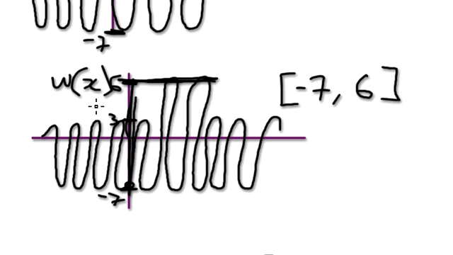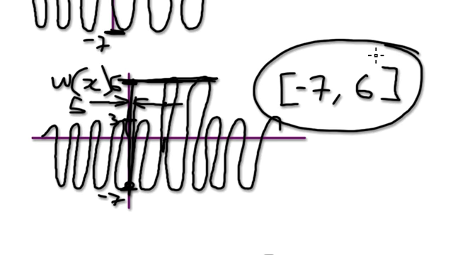So in this case, the range would be minus 7, comma, 6. Because 5 is within the range of this function, since there exists a value here where it will take you to 5. So 5 is within the range, but the range here is given by this.